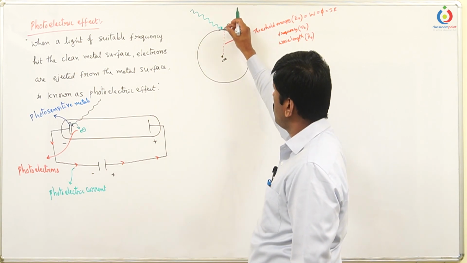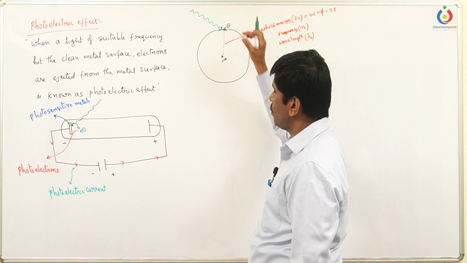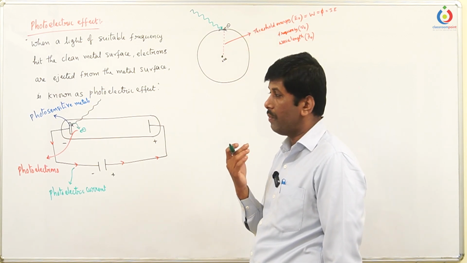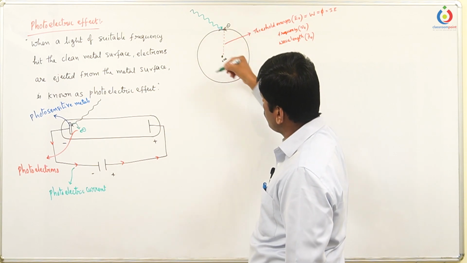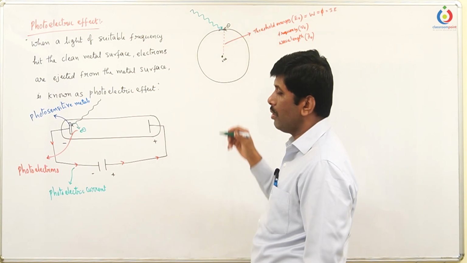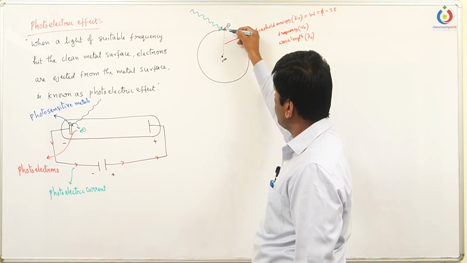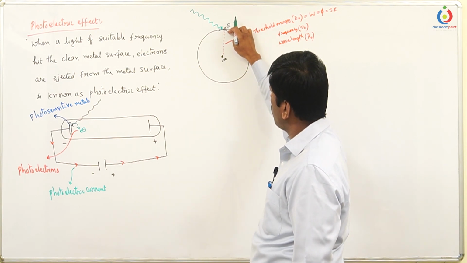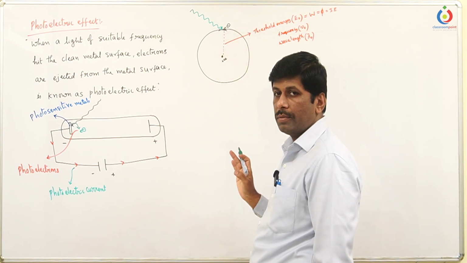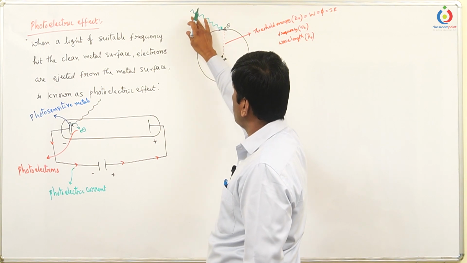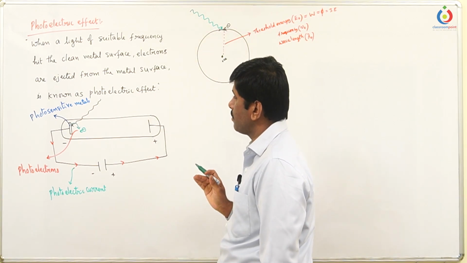These photons instantaneously transfer to the electron, meaning the electron immediately absorbs the light energy in the form of photons, so that the velocity of the electron revolving around the nucleus increases and energy also increases. Using that energy, the electron tries to overcome the nucleus attraction. The question here is, how much energy do we have to supply?